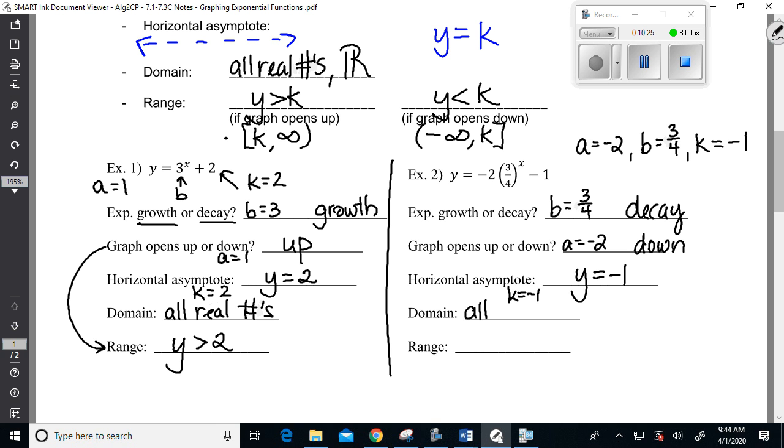Domain, remember, is all real numbers. And your range, since the graph opens down, will be y is less than negative 1.